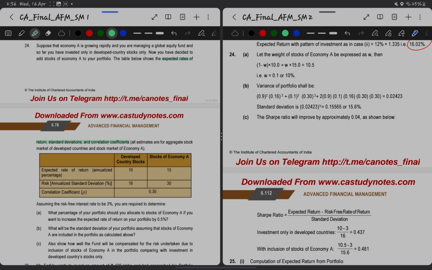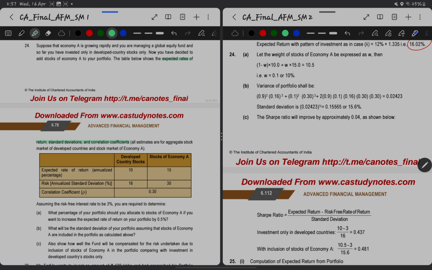Practical question 24. Suppose that economy A is growing rapidly and you are managing a global equity fund, and so far you have invested only in developed country stocks. Now you have decided to add stocks of economy A to your portfolio. The table below shows the expected rates of return, standard deviation and correlation coefficient.